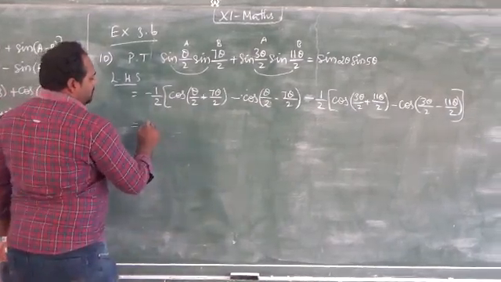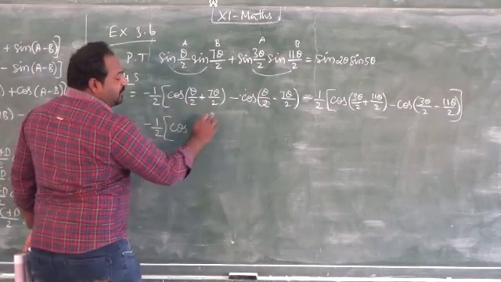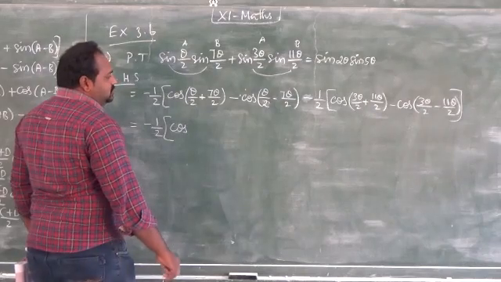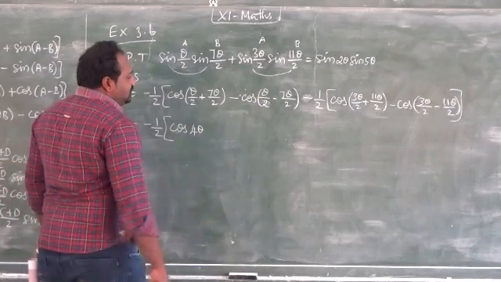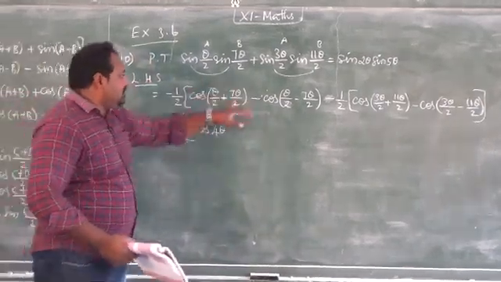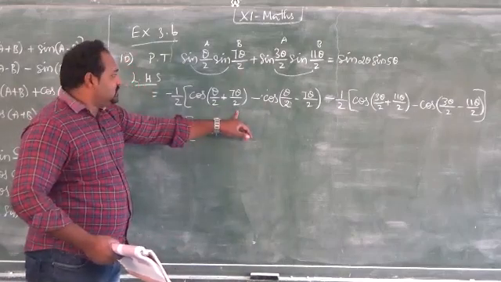So here, minus 1 by 2 cos, common denominator, so add the numerators, 8 theta by 2. If I cancel, it is 4 theta. Directly we can do it. We need not have so many steps here, because it's very easy to simplify this bracket, as both have common denominator 2.